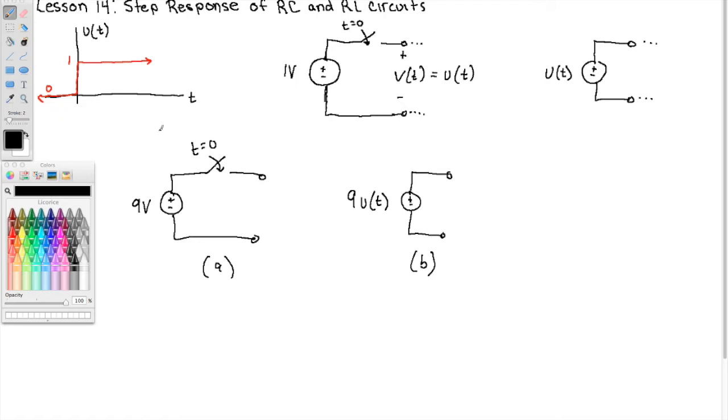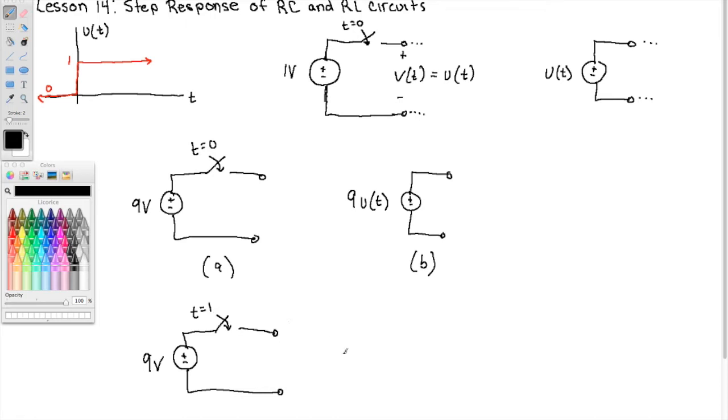Finally, you might say, what if the switch is not happening at my reference point in time? What if it's happening after? Maybe it's a delayed switch. Let's say we have 9 volts, and we are switching in at maybe 1 unit of time, maybe 1 second.